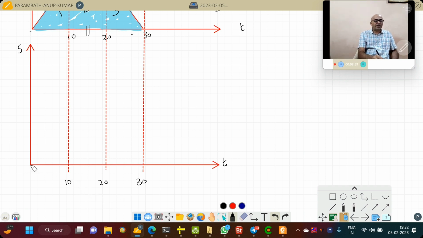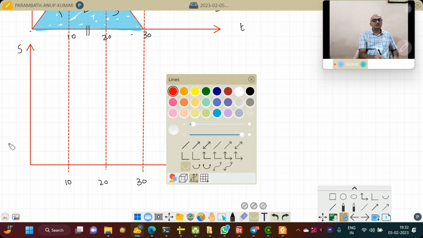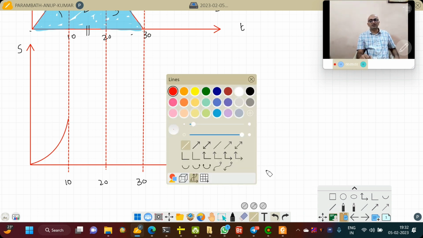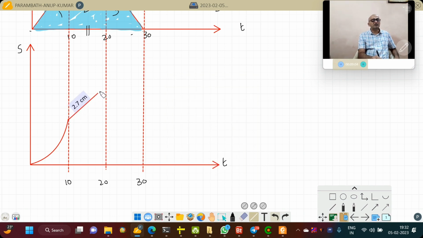So I can have a curvature like this. In fact, I have tools to make such curvatures. After that, the velocity is uniform, steady, 50 meter per second, or the slope is 50 meter per second. That way, I'll make the graph a straight line.